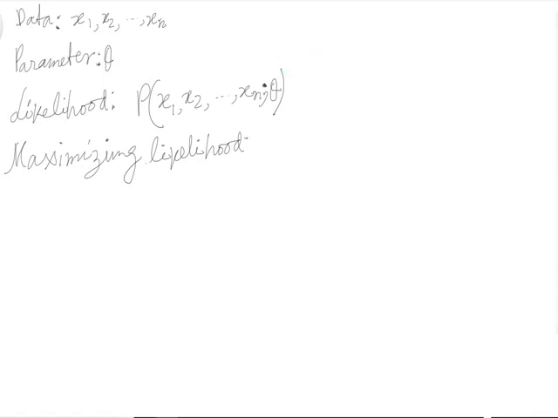So our goal is to find a parameter theta that maximizes this likelihood function, or in other words, which maximizes the probability of the observations given that parameter value.